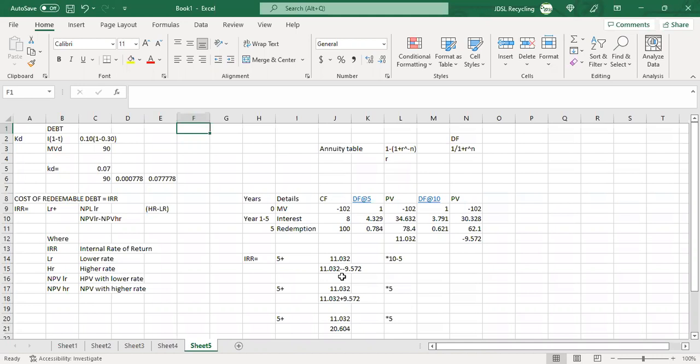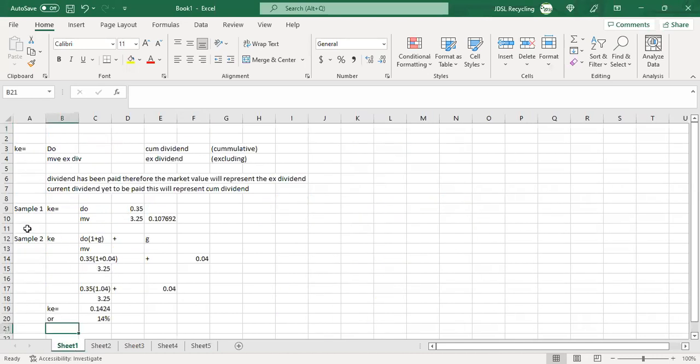No, please, let us try to understand each other. It's not that the person can't make use of Excel, but look at the formula we are using. Let me go back to equity, for instance. Looking at the formula for the cost of equity here, you can see it is kind of scattered. For somebody who is not with us in the class, they may not be able to understand how we get this.